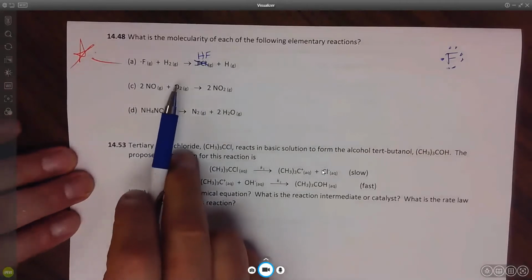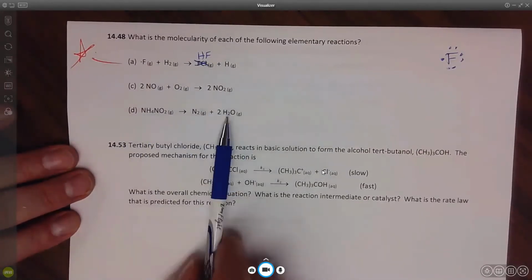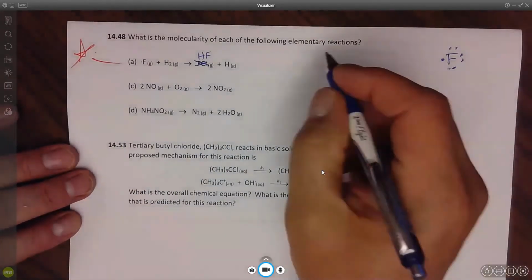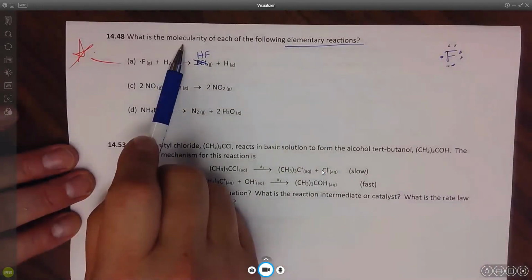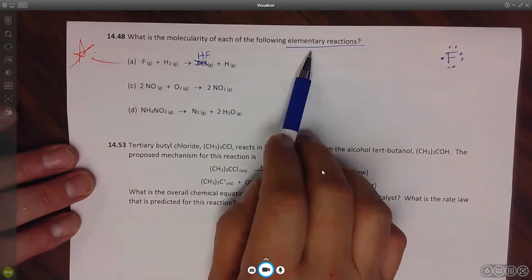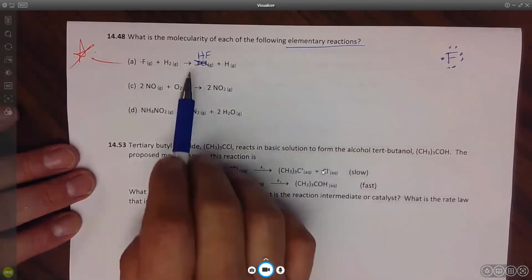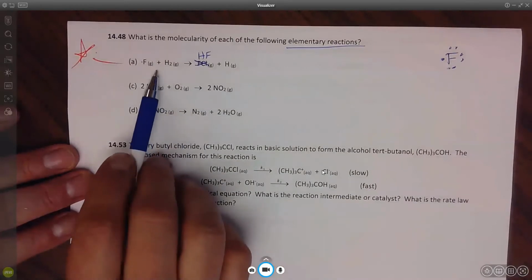Okay, so we're assuming that these are all elementary reactions, right? You can only talk about molecularity when you're talking about elementary reactions. So since these are all elementary reactions, what is the molecularity of this reaction here? Taylor, what do you think?